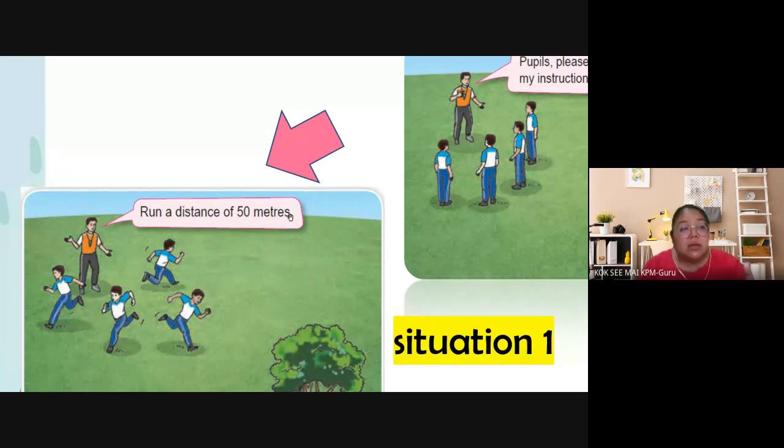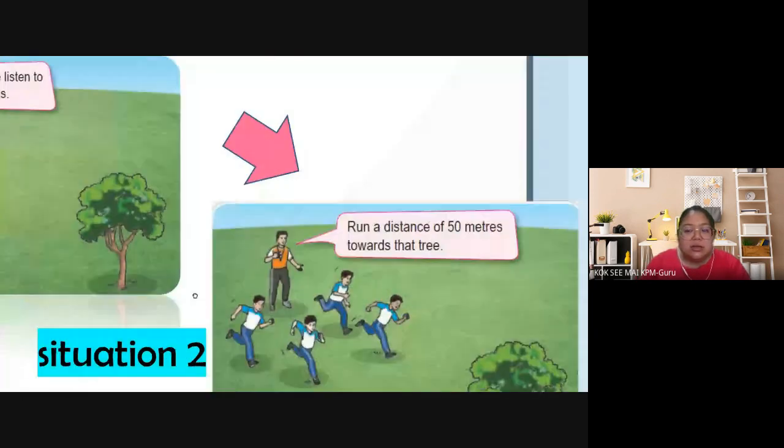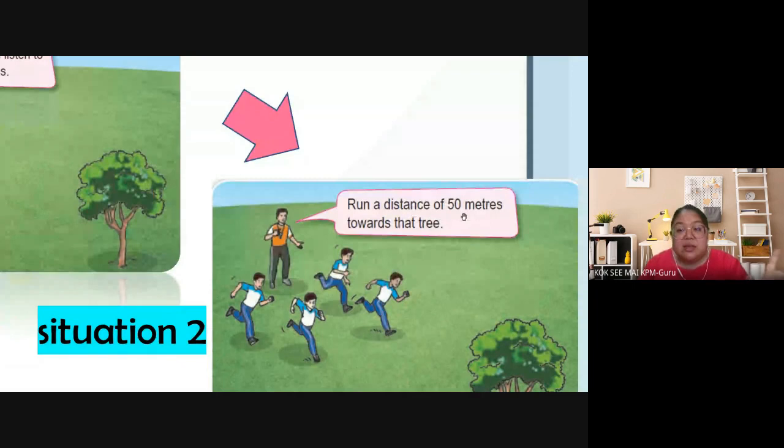They only say 50 meters, they never say direction. You run 50 meters, run wherever you like. For the other one, the teacher's instruction is run a distance of 50 meters towards the tree. So that means I have mentioned direction. So the two are different. Although the distance is the same, one has direction and the other does not. One instruction is very clear where you go, the other does not say where to go, just run. So these two situations are different.